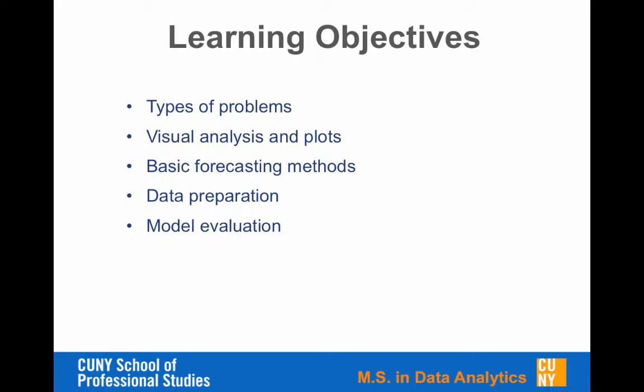We'll cover some basic forecasting methods, including the simple naive method and Holt-Winters, and then in the CUNY book, we'll start talking about how to prepare data for modeling. That involves both splitting data and also fixing data for missing values or bad values, and then moving into model evaluation. So lots to cover in this week.